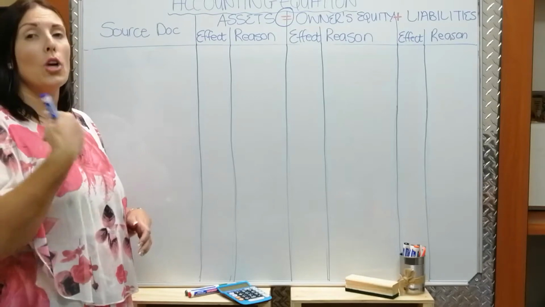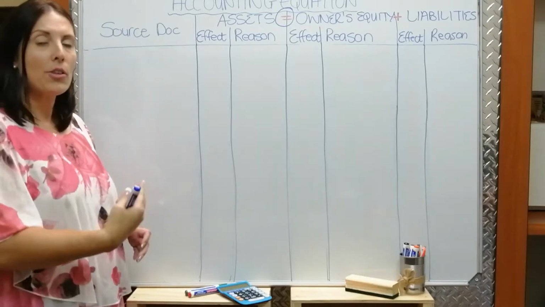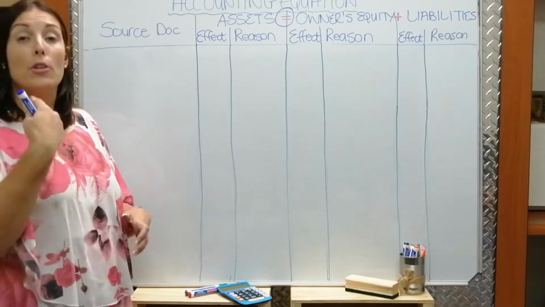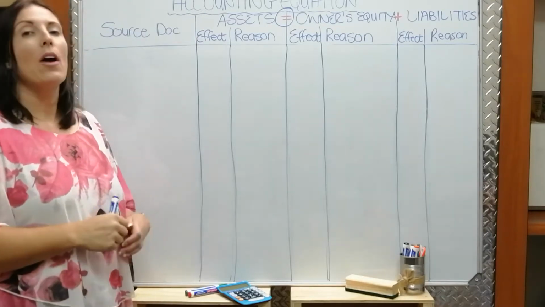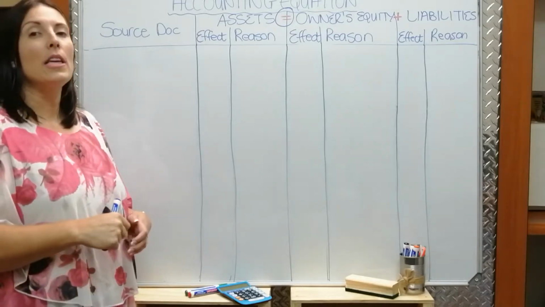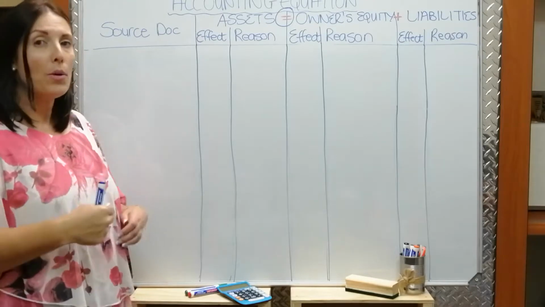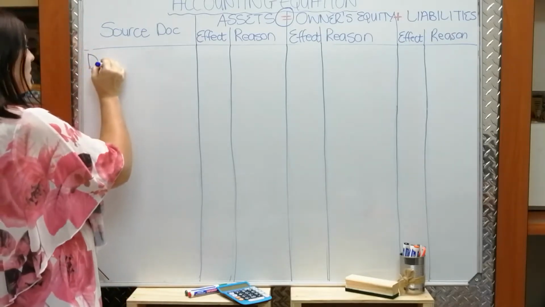Remember, we sold on account or on credit to the debtor. So whenever we sell on credit, our source document or the document that we issue is a credit invoice. Now remember, the client, or in this case the debtor, will always get the original invoice. So our source document is then the duplicate invoice.